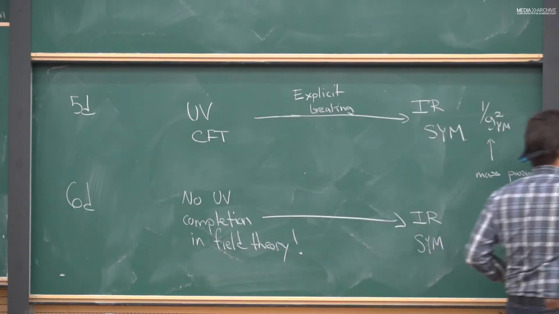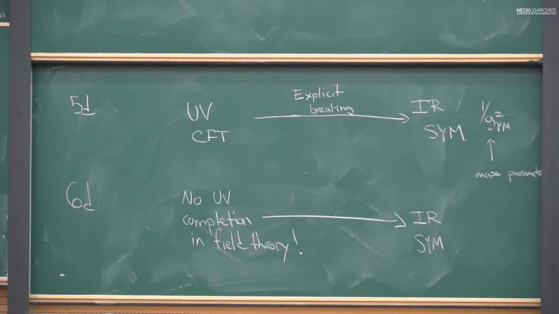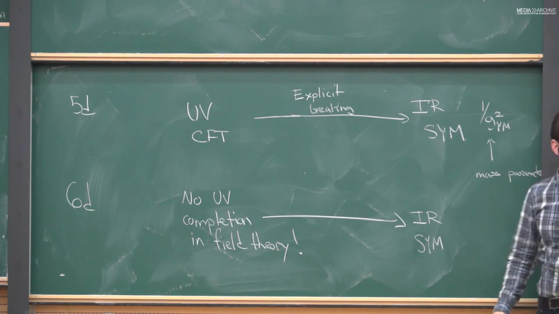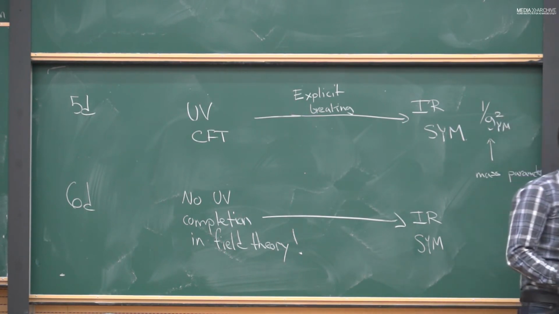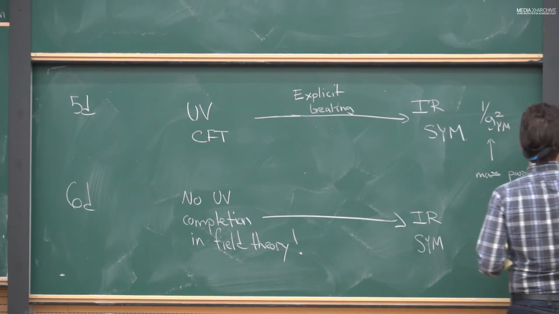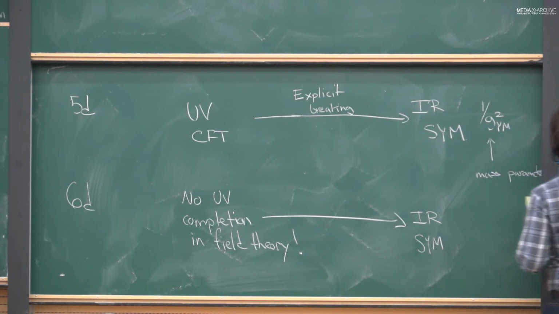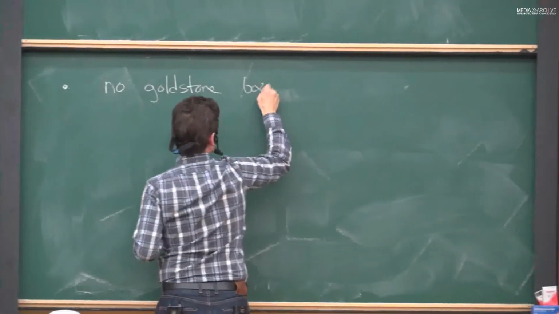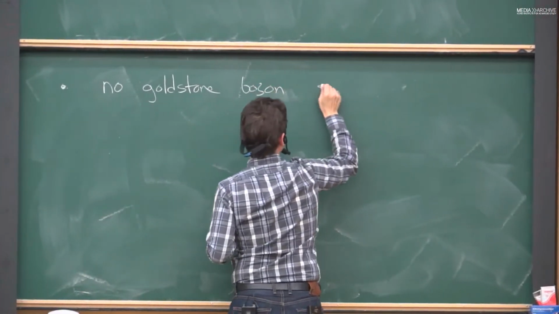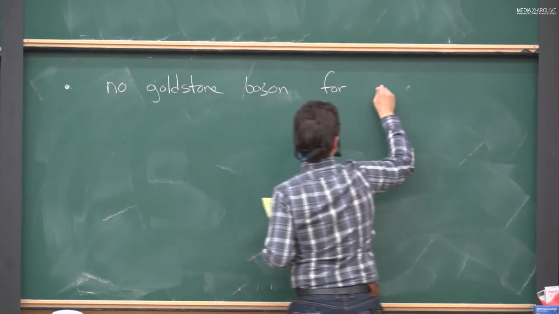So let's give our reasons. I'm talking about (1,0) right now, yeah. More supersymmetry is a special case. Okay, so no Goldstone boson for spontaneously broken scale invariance.